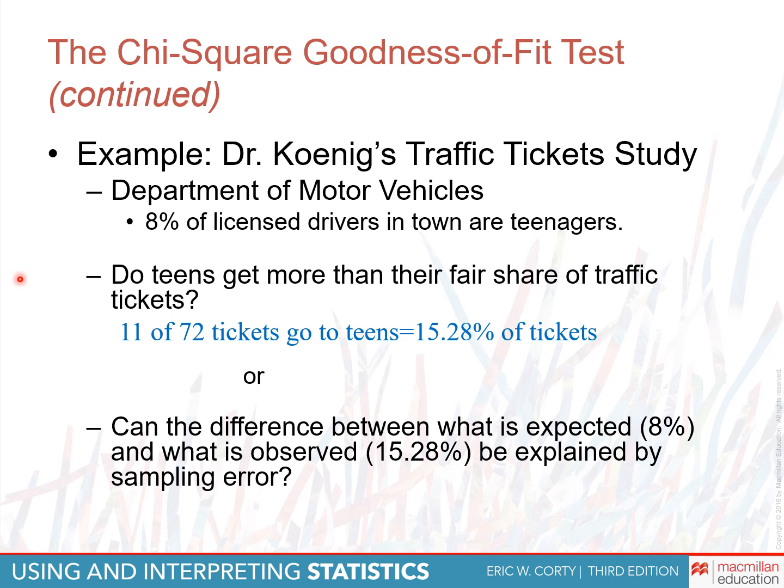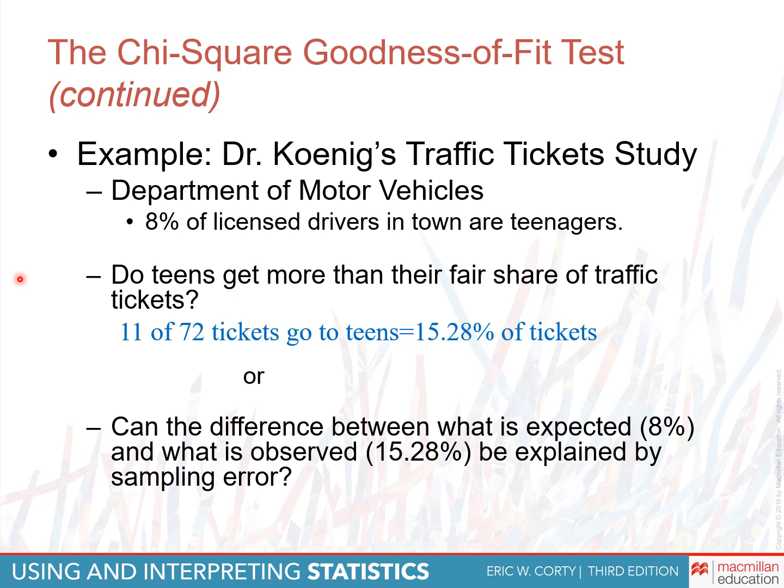We want to know if teenagers are getting more than their fair share of traffic tickets. If we know that 8% of drivers are teenagers, we would expect that 8% of tickets would go to teenagers. But if we look at the data that we just collected, we see that teenagers actually got more than 15% of the tickets.